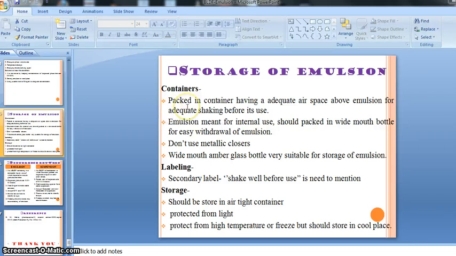So we should know what suitable container we should use for the storage of our emulsion. So first of all, container.